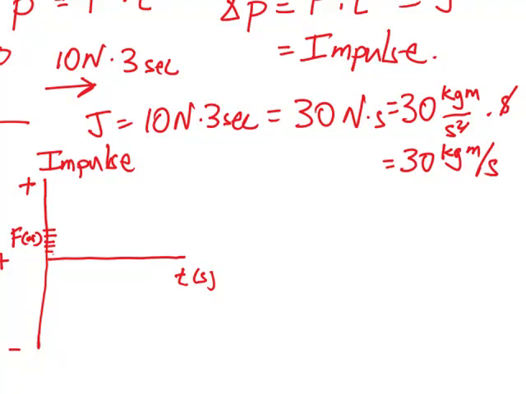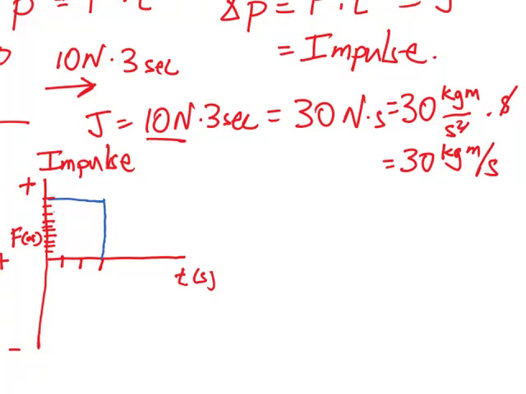Okay, so force 1, 2, 3, 4, 5, 6, 7, 8, 9, 10 newtons. And the time 1, 2, and 3 seconds. We'll end up creating a graphic representation of that. So I got a rectangle that's 10 newtons high, 3 seconds wide.